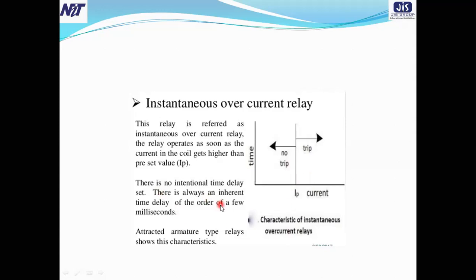IP is the preset value. If the current is lower, on the left side, it will never trip. But if it is on the right side, then it will trip. So this is the characteristic of the instantaneous overcurrent relay.